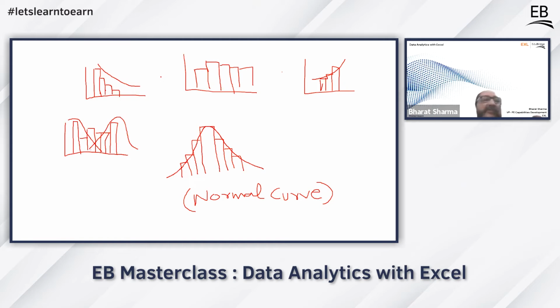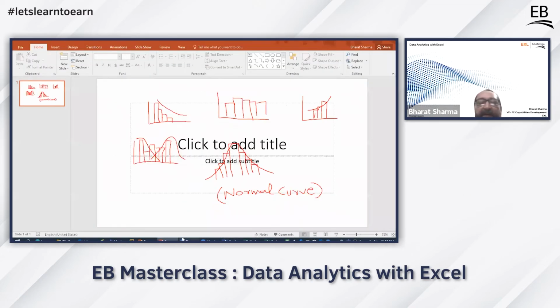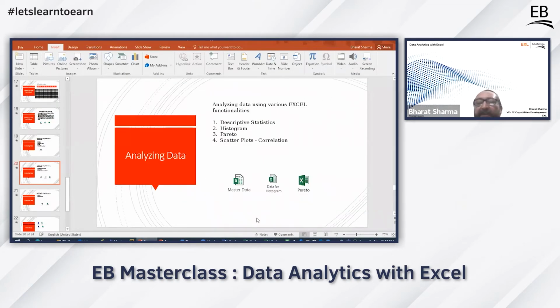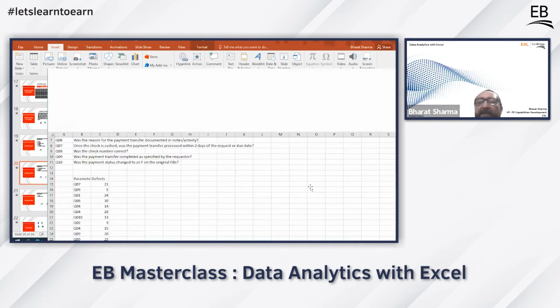We need to be able to just look at a glance and understand the story. So for that, we need to understand a little bit more about these different statistical patterns so that we can catch them. But that is how we use a histogram in tandem with the descriptive analysis. Okay, let's move forward.